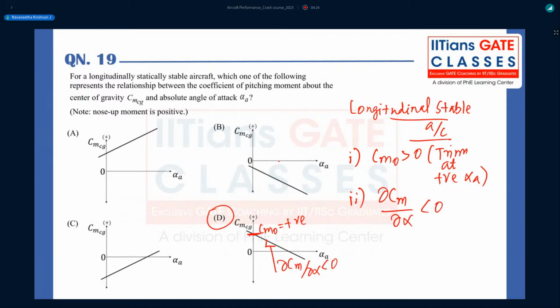That means it cannot trim at positive angle, so it cannot come back to equilibrium. In option A, Cm0 is greater than 0, but dou Cm by dou alpha is positive, so it is not coming back to equilibrium at all. In the remaining option, Cm0 is negative and dou Cm by dou alpha is positive. So all these options are wrong. Only option D is the correct answer.